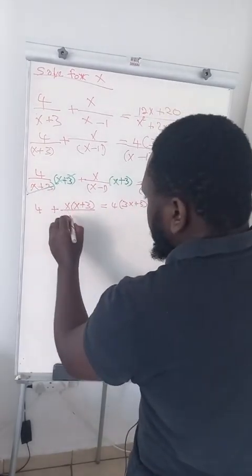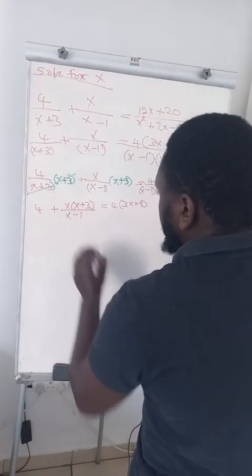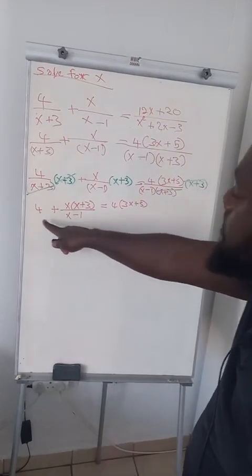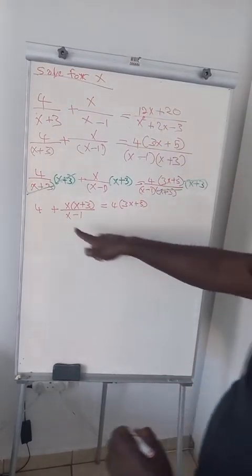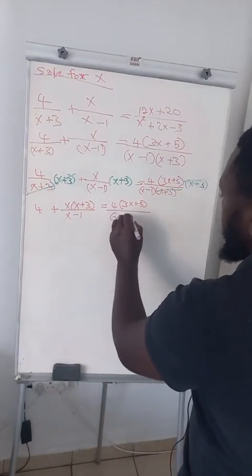Here we still have the x minus 1. So now let us do the same thing: let us multiply the whole equation by x minus 1.